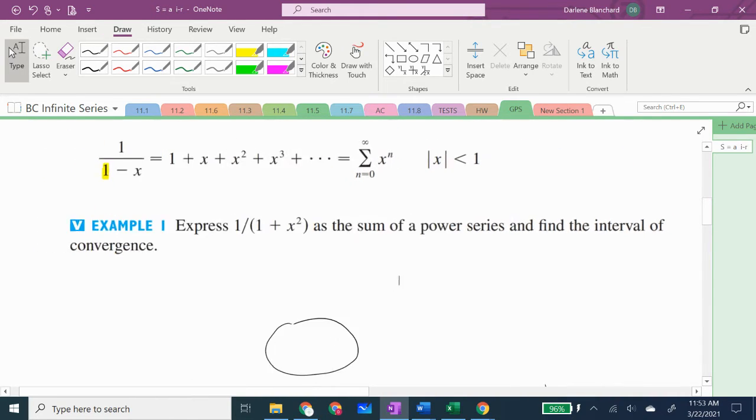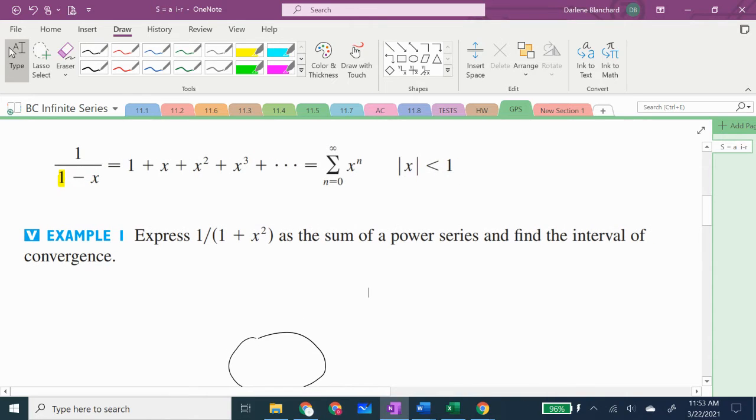Okay, so we're going to express this as a sum of a power series and find the interval of convergence. Now, also know that unless you are told otherwise, you don't want the center of the polynomial to change. So let's also look at what is the center of this polynomial. 0.